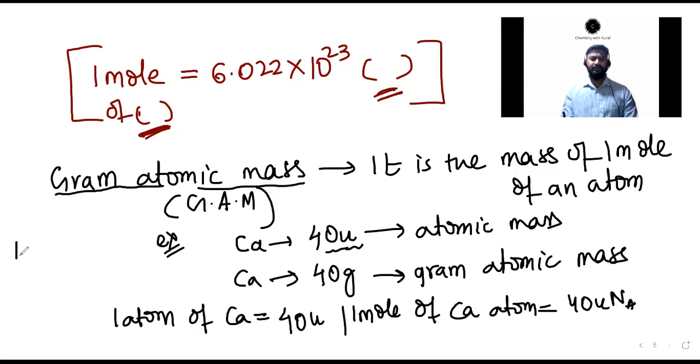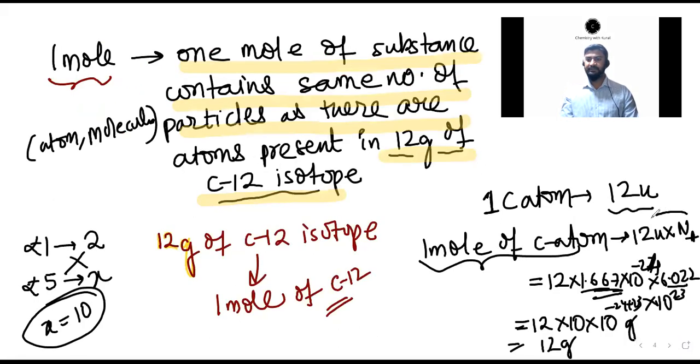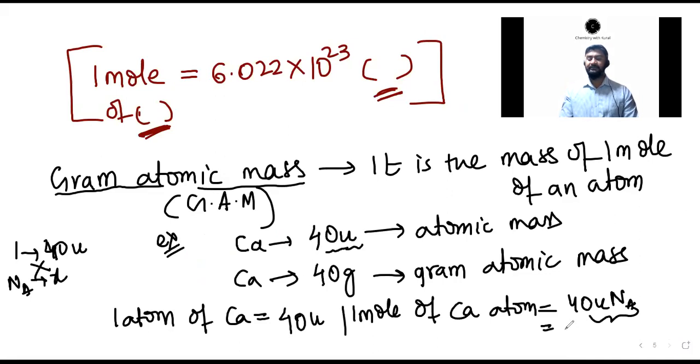Unitary method: 1 mole is 40 U times Na, cross multiply, finished. U into Na will give you grams. As simple as that. You can try on your own. It will be 40 grams, see?